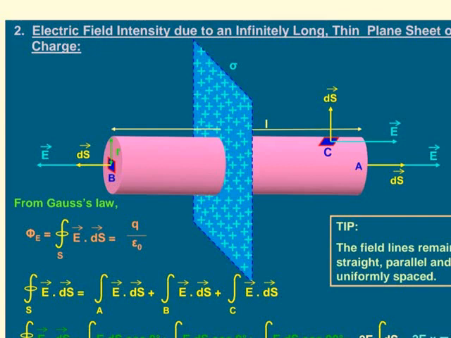That means the value of sigma will be charge upon area. We have to calculate its electric field at any point P at a distance L by 2 from it. You may consider A or B, right? Means from the sheet it will be at a distance of L by 2.